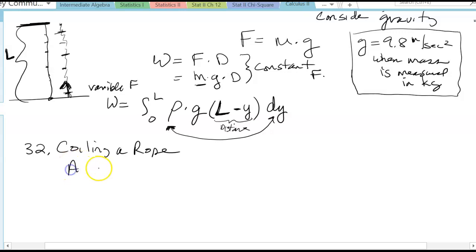So we have a 60-meter long rope. So there's your L. Right away you see that L is 60. You get the 60-meter long rope, 9.4 millimeters in diameter.